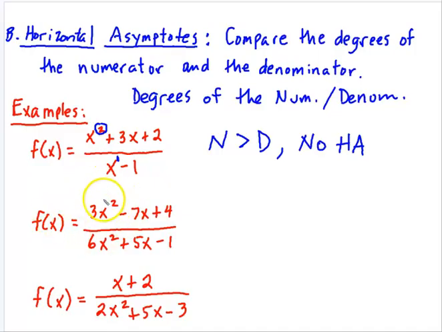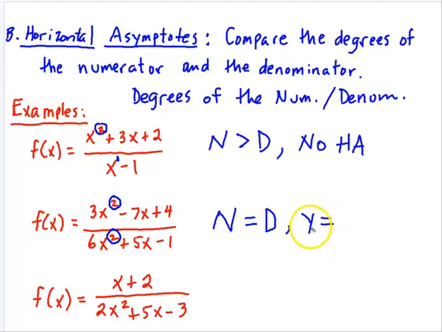Situation number 2, I still compare the degrees, but notice that they're the same. The top degree is 2, the bottom degree is also 2. So this is the scenario where the numerator degree is the same as the denominator degree. I'm going to say the horizontal asymptote like this, and then I'm going to explain.